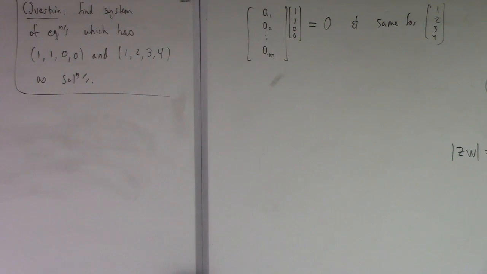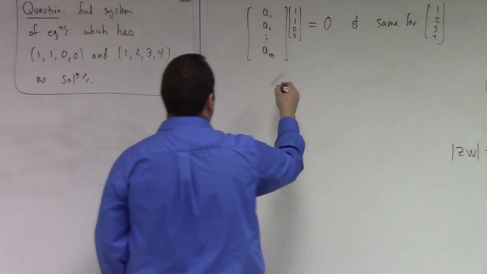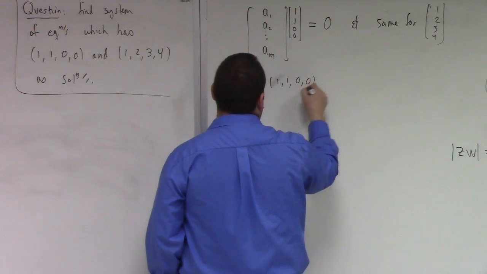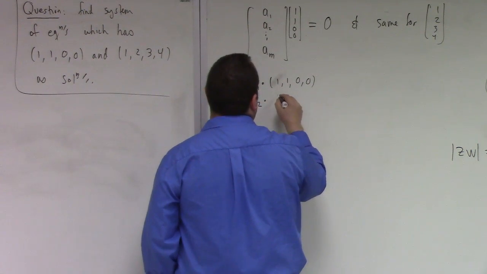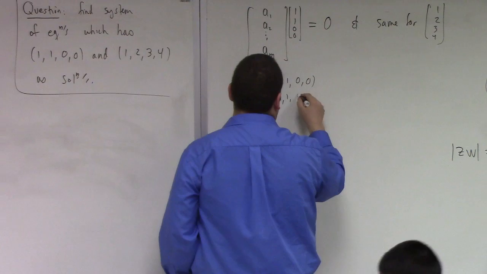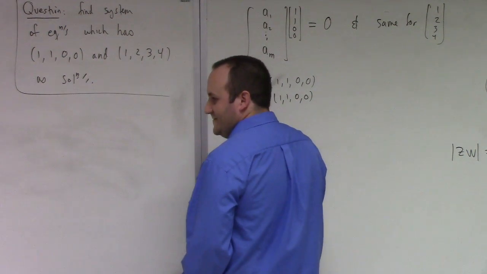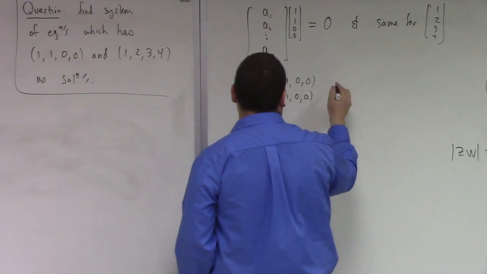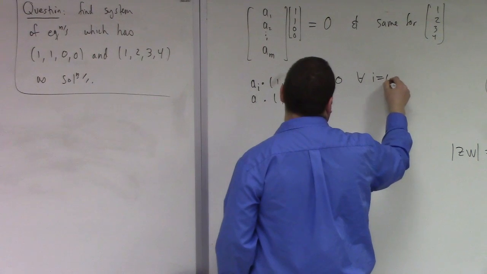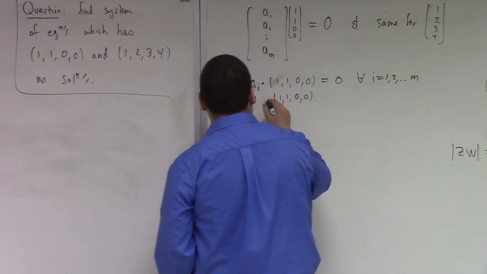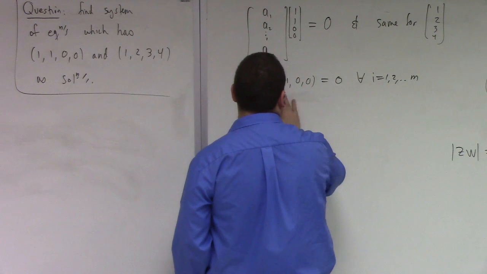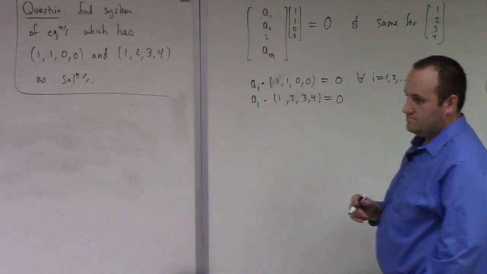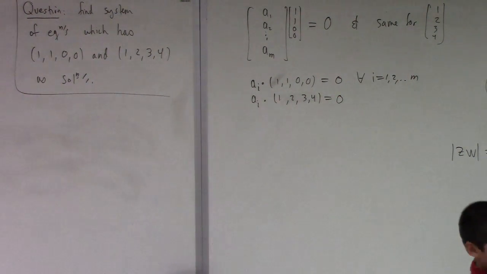What is this kind of multiplication, really? It's nothing more than A1 dot (1, 1, 0, 0) and A2 dot (1, 1, 0, 0) and so forth. Let's say A sub i dot (1, 1, 0, 0) equals 0 for all i, and you also want A sub i dot (1, 2, 3, 4) equals 0. So what is this problem?